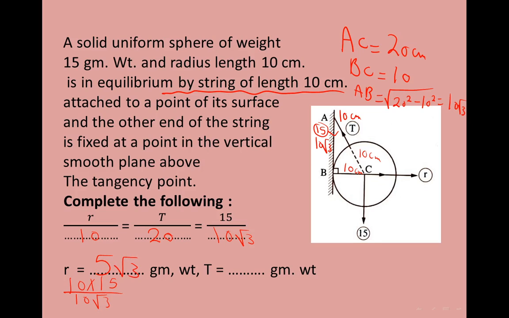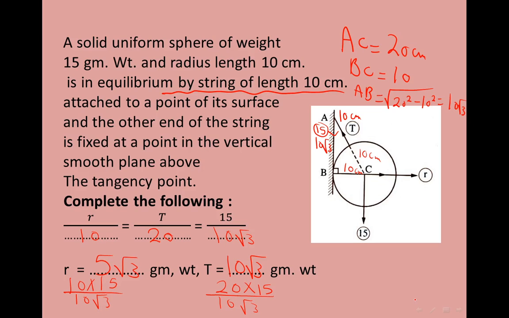And the tension force equals 20 multiplied by 15 over 10 root 3, equals 10 root 3 gram weight. I'm sorry. For the tension force, I write cross multiplication: 20 multiplied by 15 over 10 root 3.